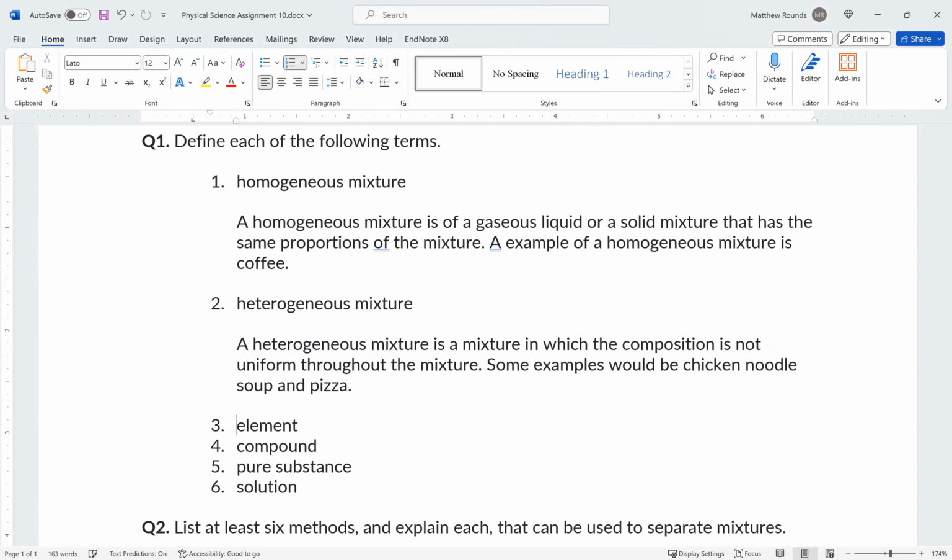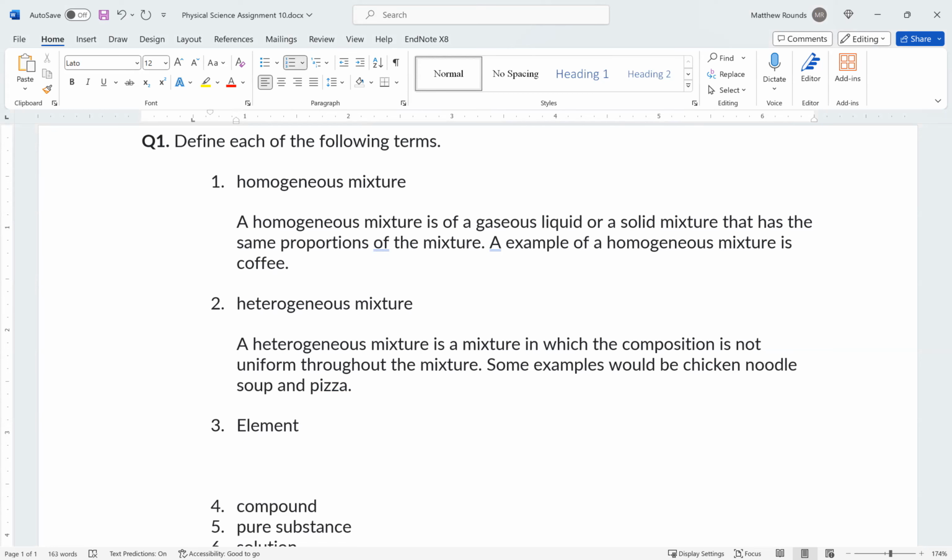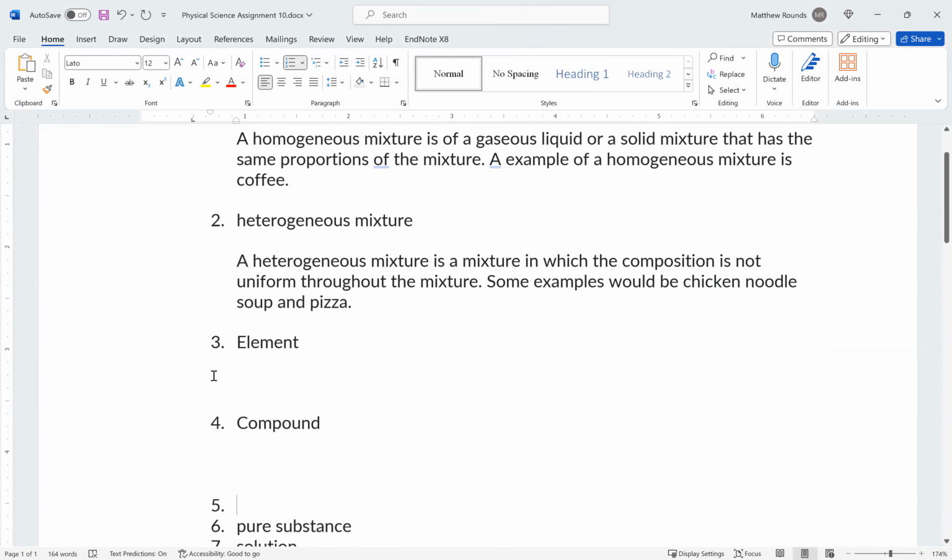All right, so we've actually already done element, but you can go back and look if you need to go out to the internet. The elements are the single elements from the periodic table. They're all composed of the same atoms. Maybe look that up on the internet if you're not sure.